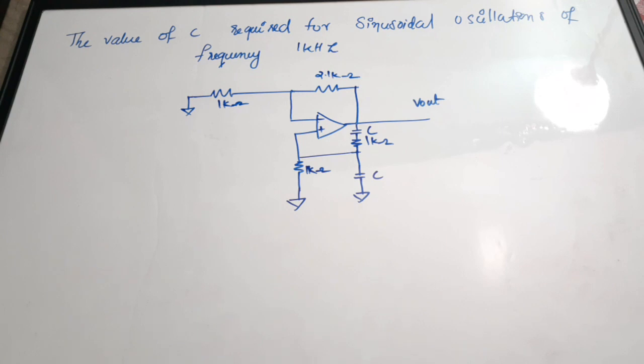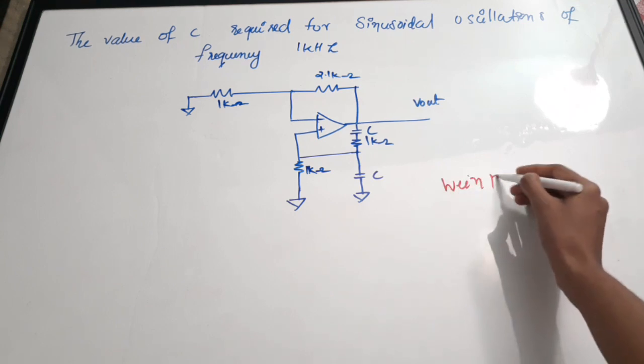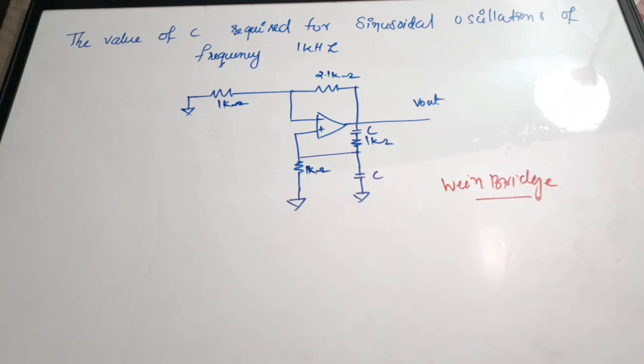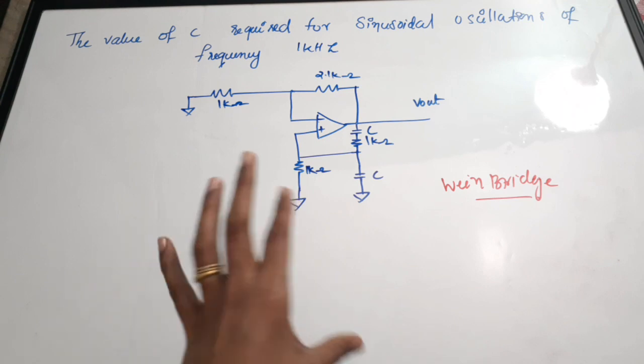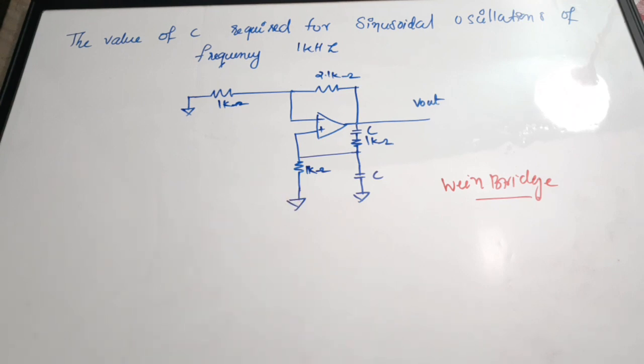This is nothing but a Wien bridge oscillator. So the given figure is a Wien bridge oscillator. I'll project the image of a Wien bridge oscillator. In that, you can see the figures which we usually see, but here it is given a little differently, just to confuse you.